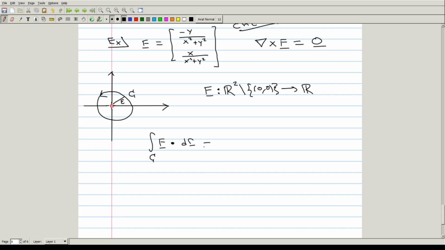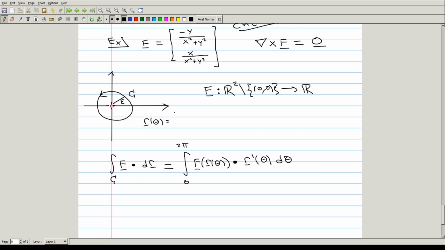The line integral on this path is going to be the line integral on C, from the circle, it's from 0 to 2 pi of f of r of theta dot product with r prime of theta d theta, where r of theta is epsilon cosine theta, epsilon sine theta.